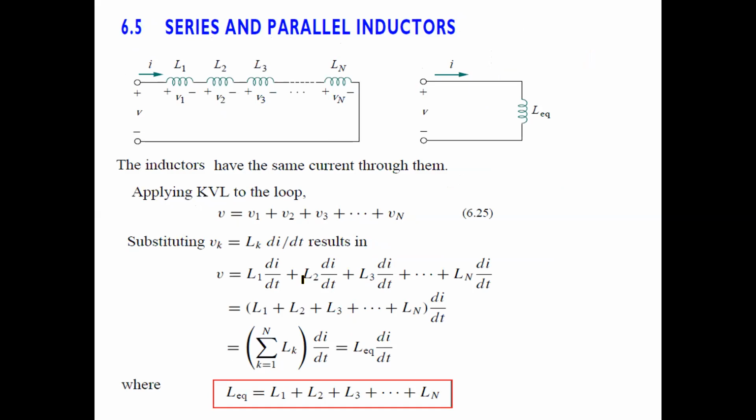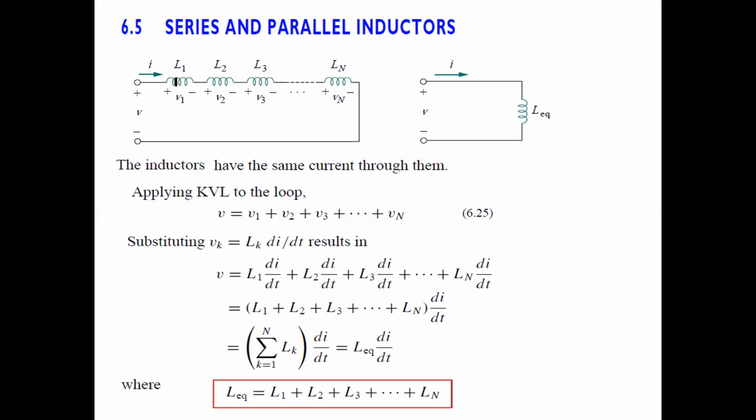When inductors are connected in series or parallel, the formula to find the equivalent inductance for series connected or parallel connected inductors is along the same lines as the formulas we use to find the equivalent resistance when resistors are connected in series or in parallel.